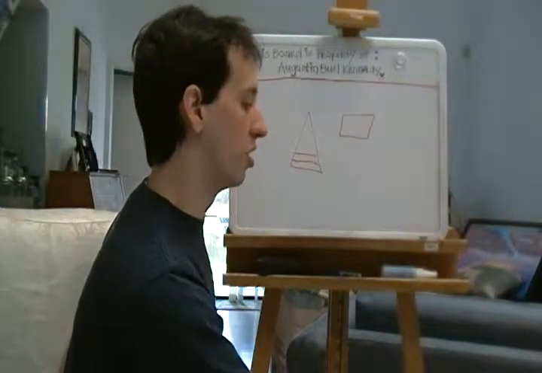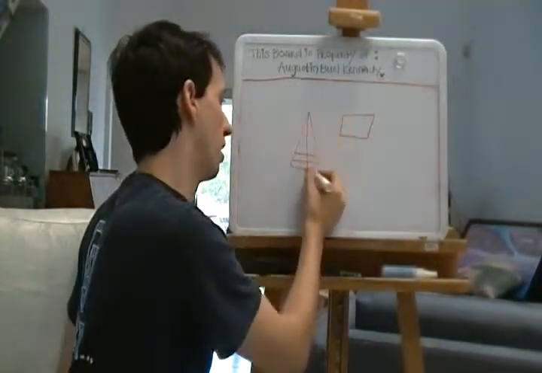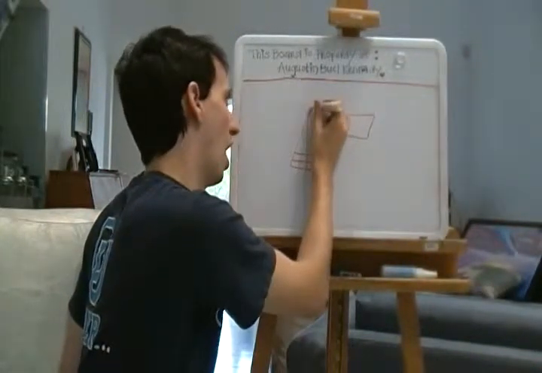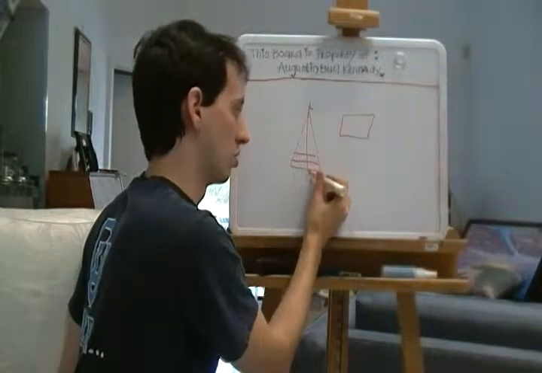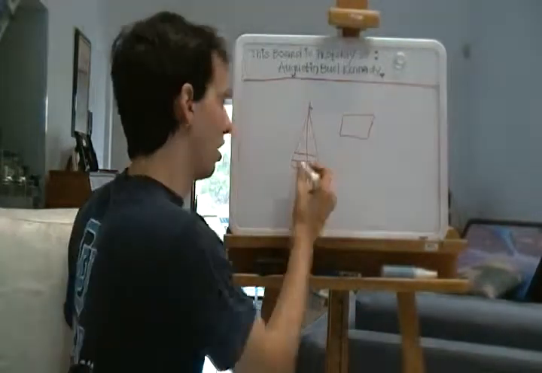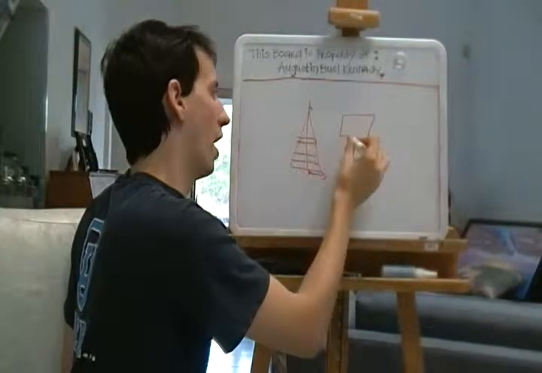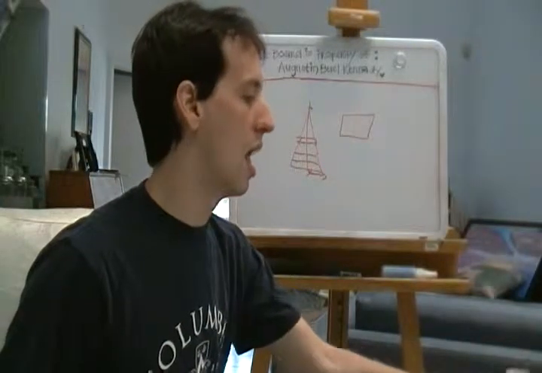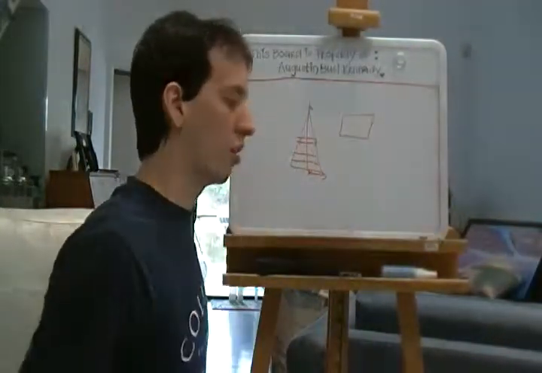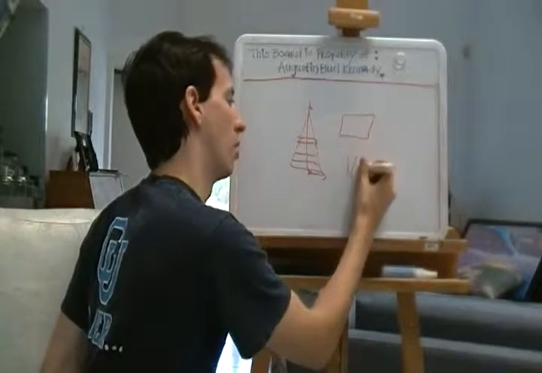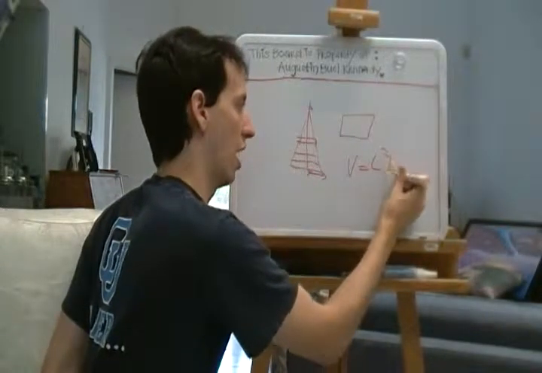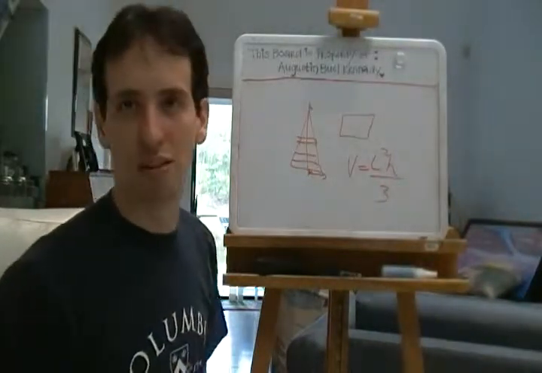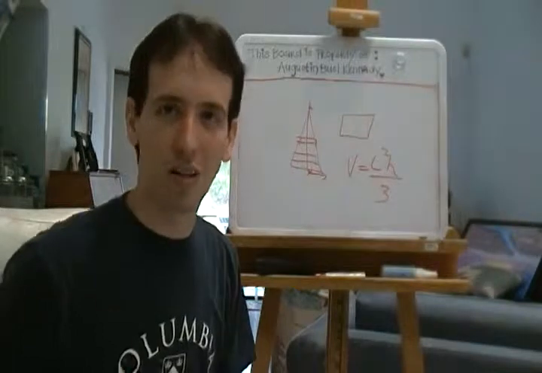Basically, if you've got a pyramid with here's your height, here's your base, x-axis, you're going to take squares along dy, good practice for that, and when you integrate, you'll end up with the volume of a pyramid equals L squared height over 3. That's just something that they point out in the book. They derive it. If you want to figure it out, feel free.